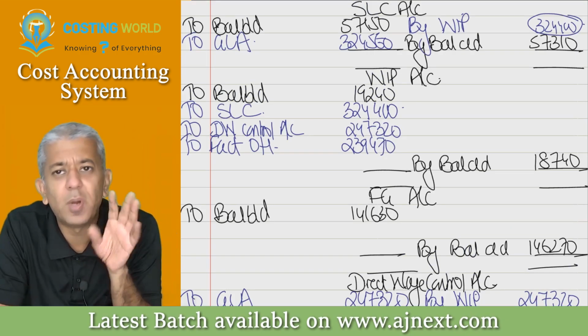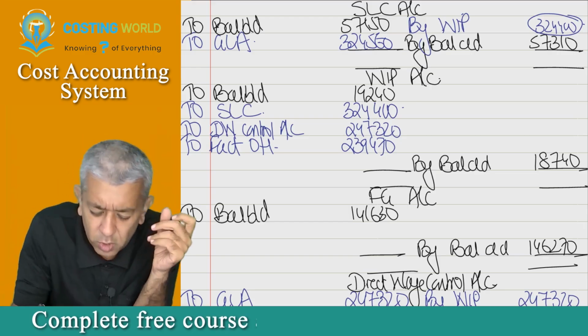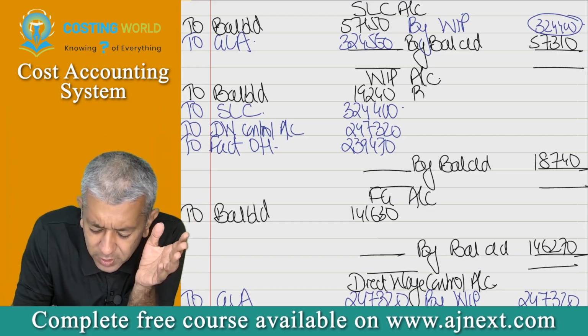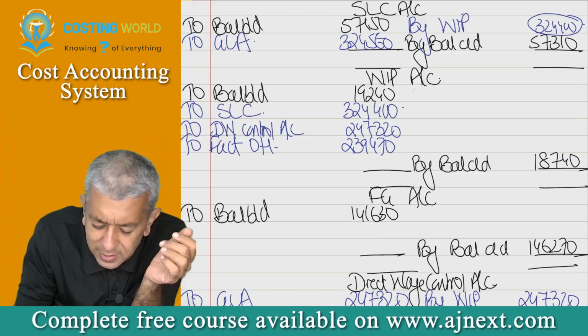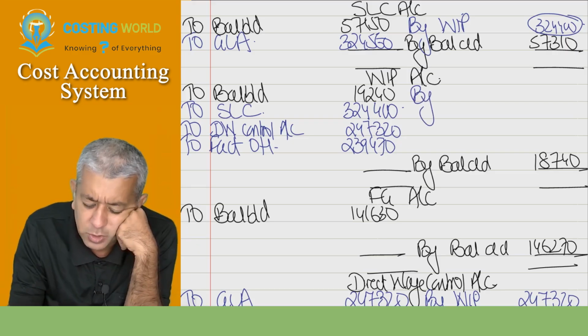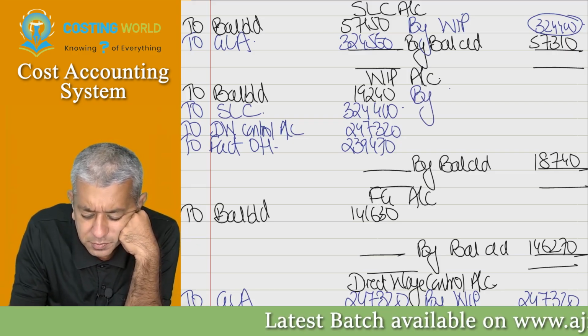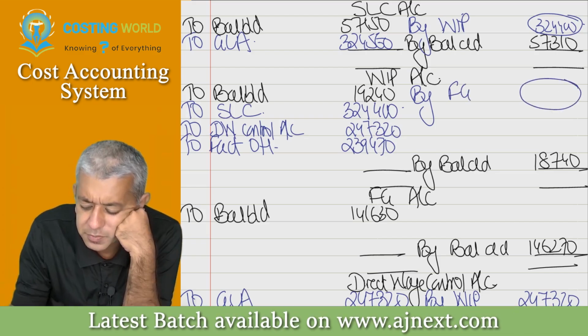In the WIP account, whatever had to come has come. So on the credit side there will be one balancing figure. Where should this balancing figure go? Finished goods. Get this figure.